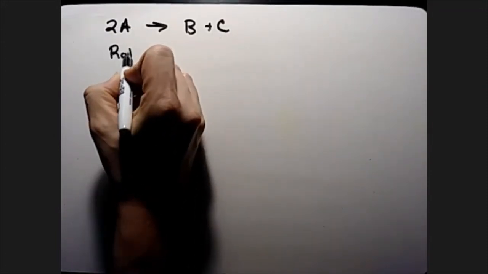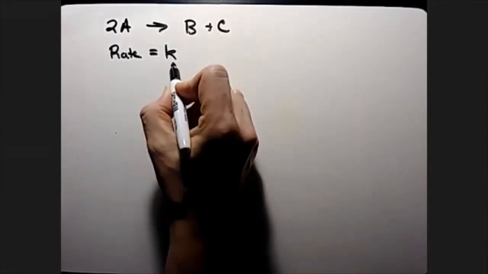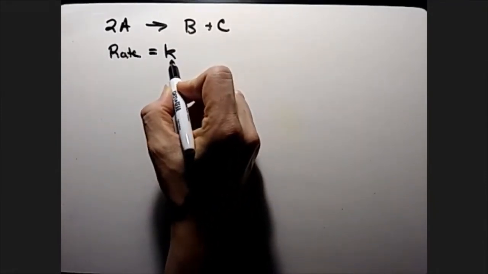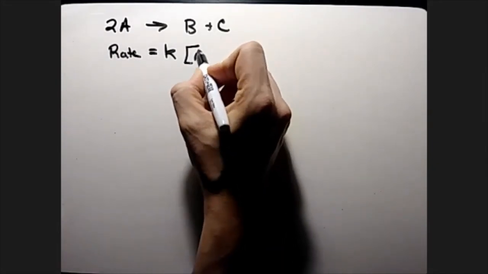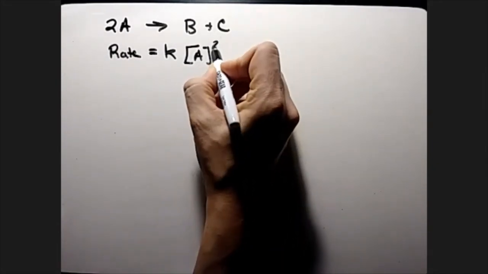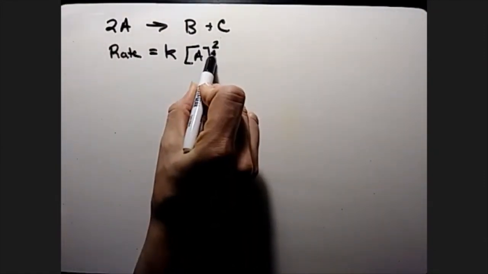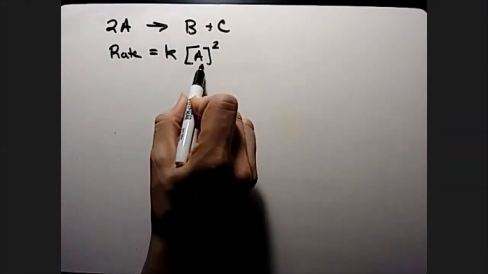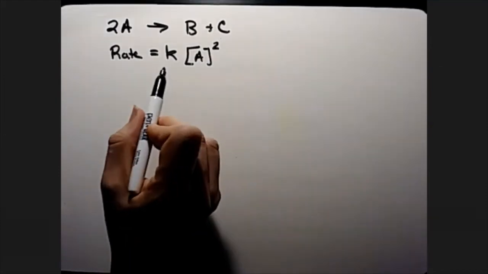So my rate is going to be directly proportional to or equal to some fudge factor K, which we call the rate constant. And in this case, it's going to be times the concentration of A squared. So notice that the coefficient to the chemical reaction became an exponent in the overall equation for my rate law. And that's because this coefficient does have a multiplicative effect on this overall rate.